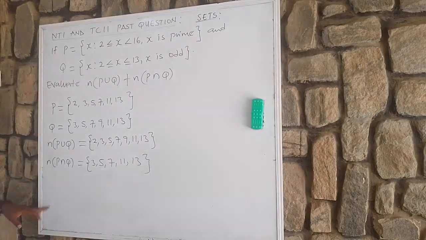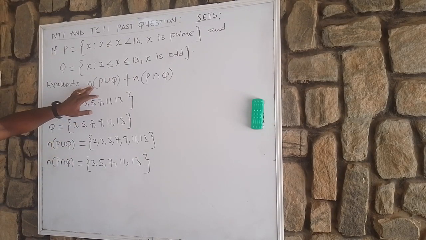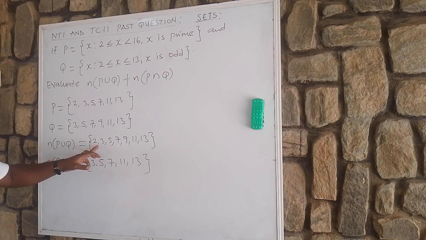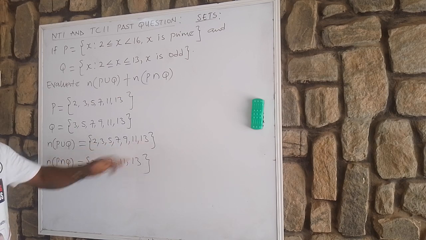Let's consider the number of P union Q. How many do we have? 1, 2, 3, 4, 5, 6, 7.